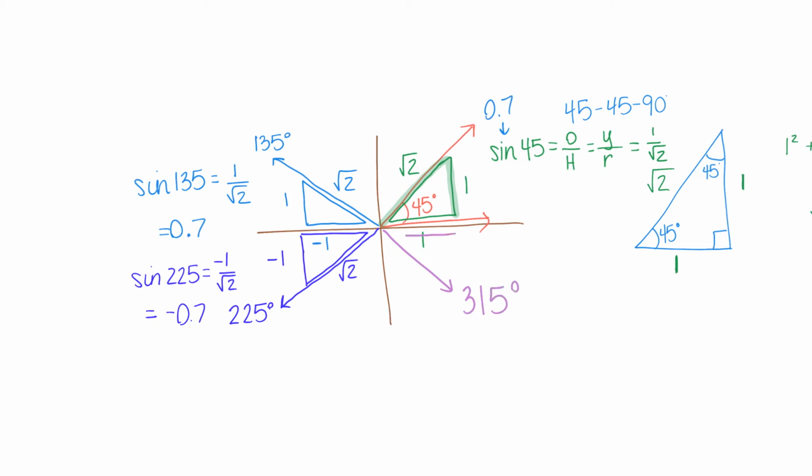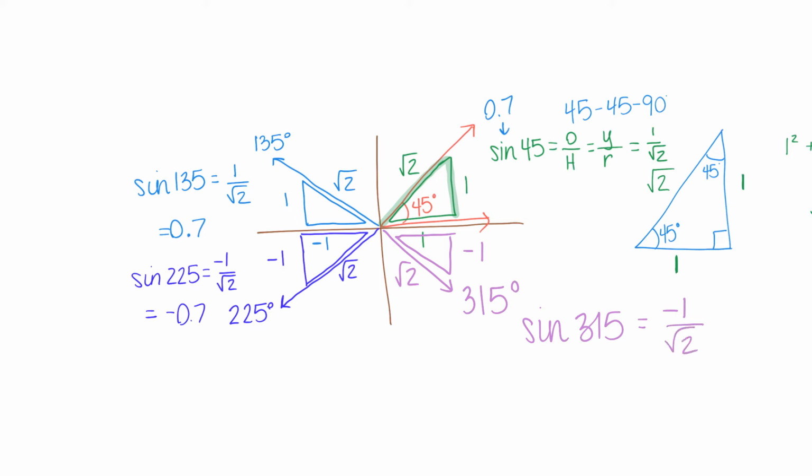So under here, my triangle now is 1, -1, root 2. That means the sine of 315 is going to be -1 over root 2.